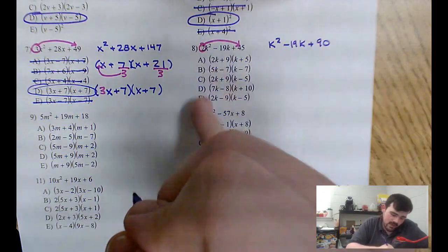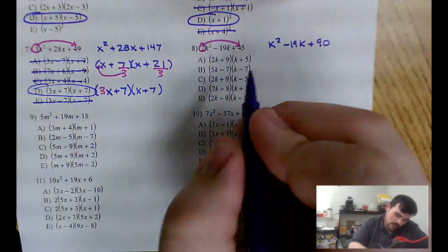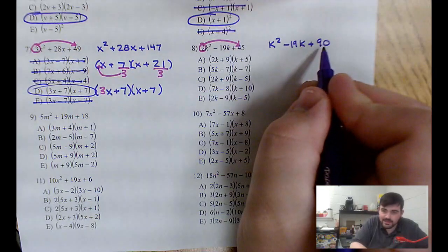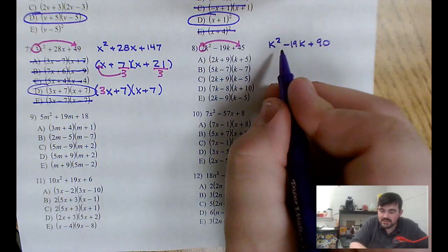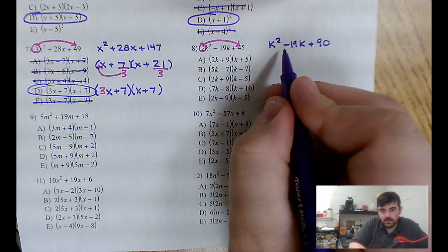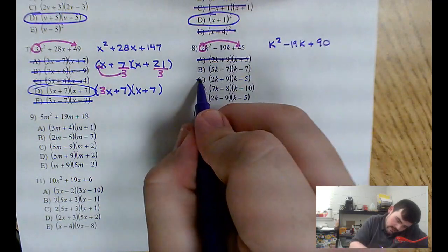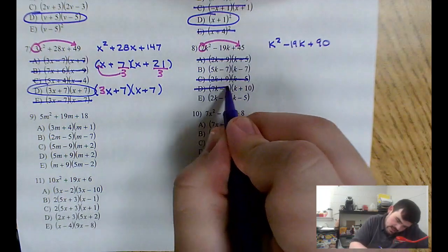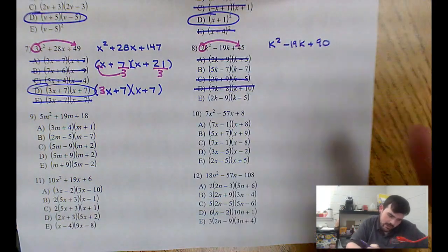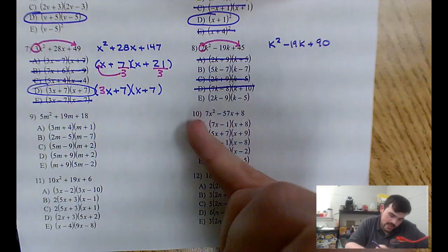Let's go ahead and eliminate a couple of our options here. Again, if they multiply to a positive, the signs match. Since they add to a negative, they're both going to be negative. So I can go ahead and get rid of A and C and D. So my only options left are B and E.